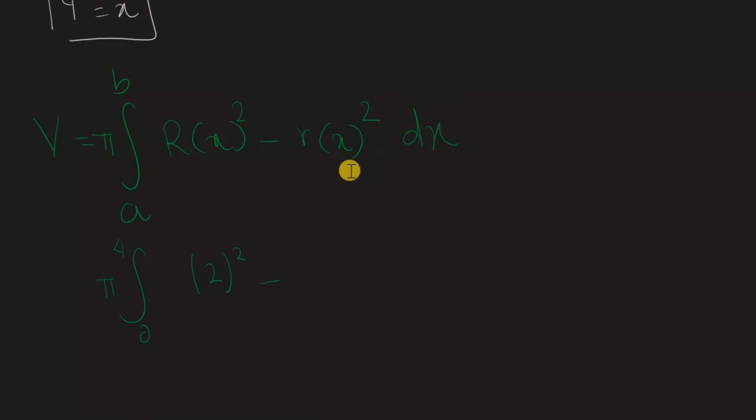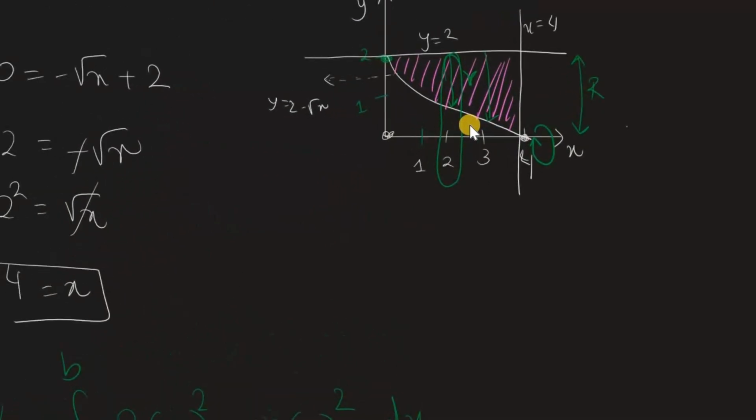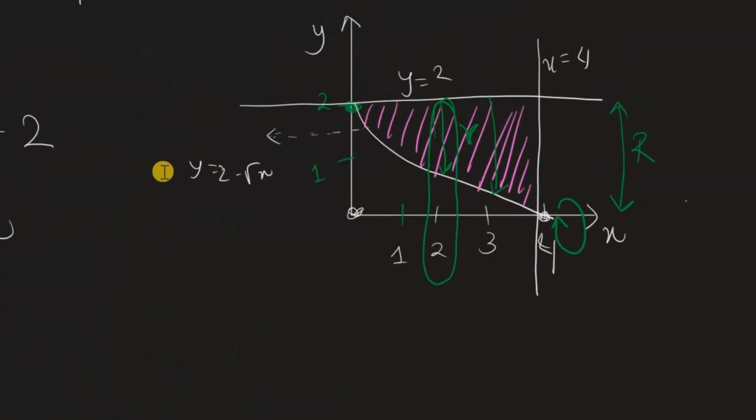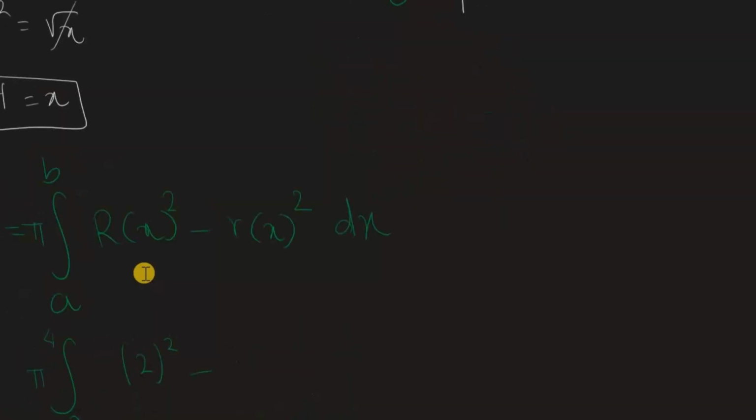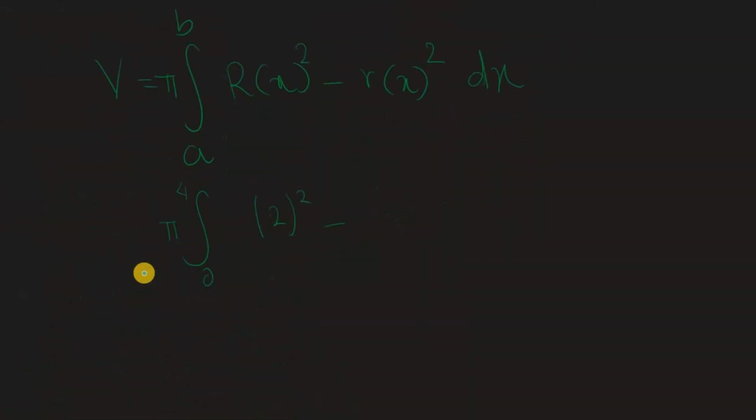And what's the small radius then? The small radius, we always write it in terms of the equation that we are given. Here we have the given equation 2 minus square root of x, right? Because look, the radius is touching this line. So the smaller radius is 2 minus square root of x, this distance, and then squared, of course, because it says to square the smaller radius.